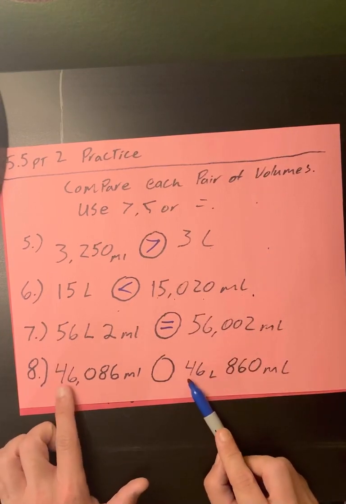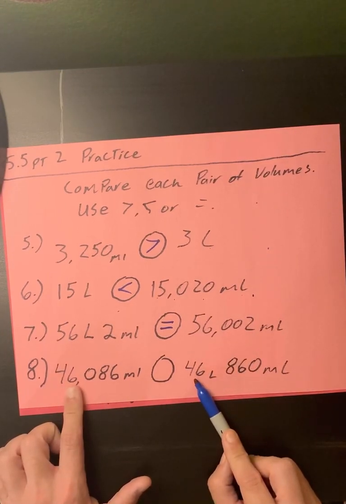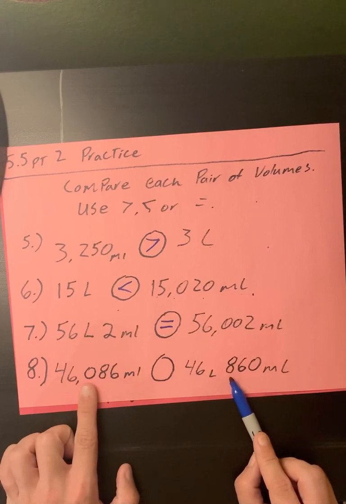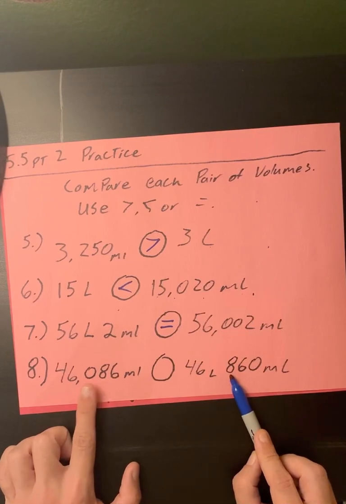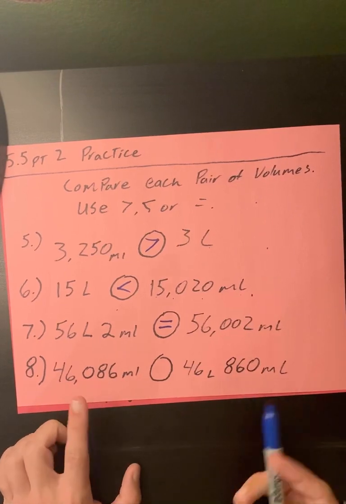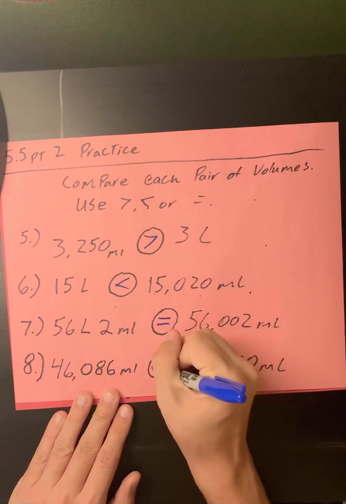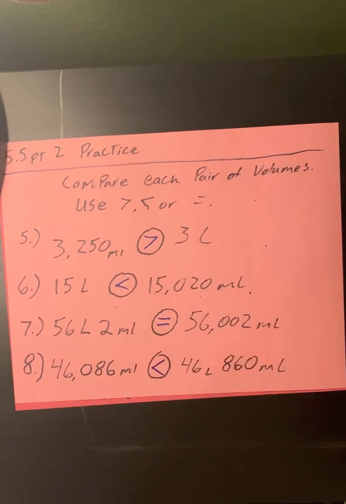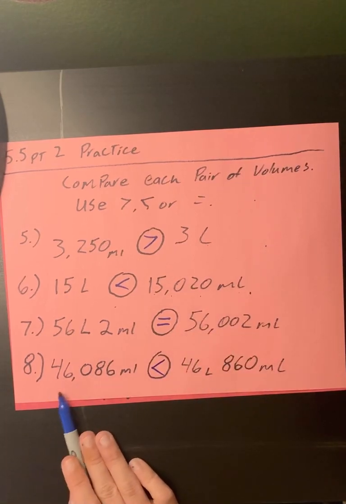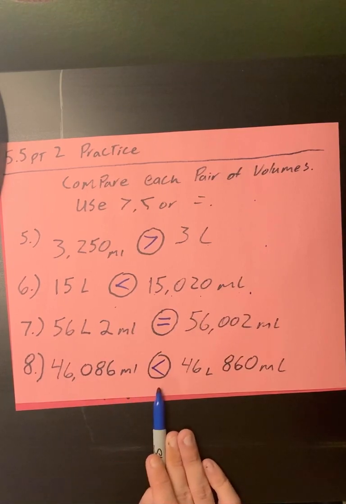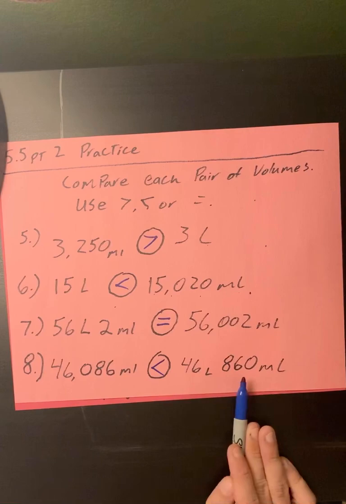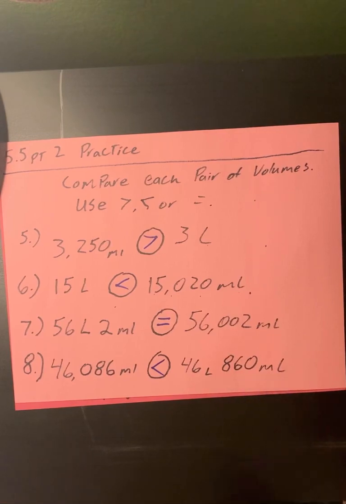They both have 46,000, but when we get to their hundreds place, the one on my right has 8 in its hundreds compared to the one on my left, which has a 0 in its hundreds. So the one on the right would be greater, and I read the sentence as 46,086 milliliters is less than 46 liters and 860 milliliters.